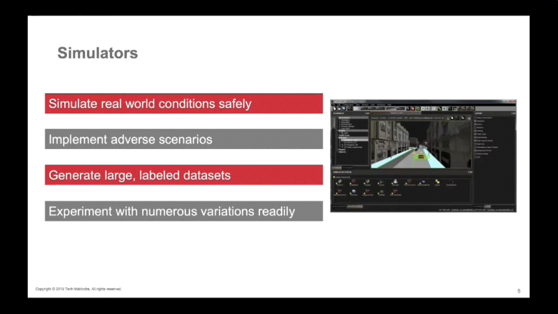And moreover, what you end up with is sparse data, of which there are not enough data types, and simulators let you get such data in large volumes. And finally, simulators let you experiment with numerous variations very readily. So simulators are an incredibly important part of generating AI and ML and big data applications.